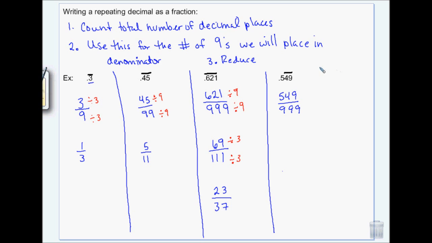It's not about how many are repeating, it's about how many decimal places are all together. These will both divide by 9. And I'm going to get 61 over 111, and then 61 is prime, so there won't be anything that these divide by.